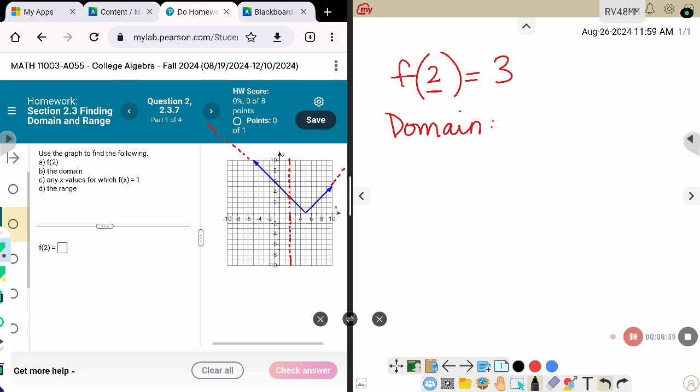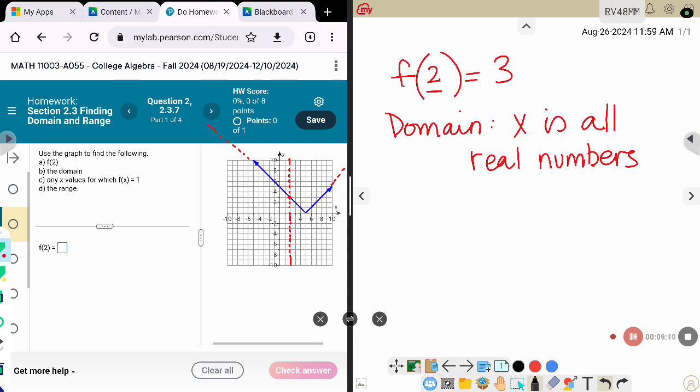There's no separation. There are no gaps from the left side to the right side. It's going to the left forever and it's going to the right forever, which means your domain is going to be all the real numbers on the number line.